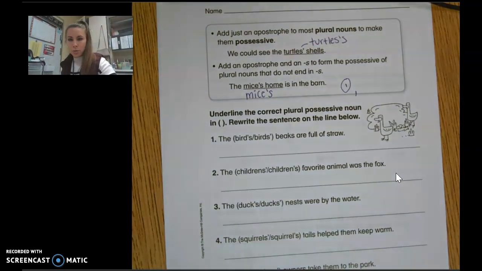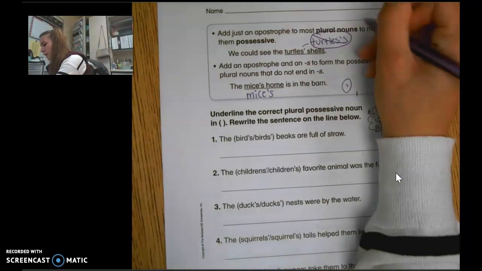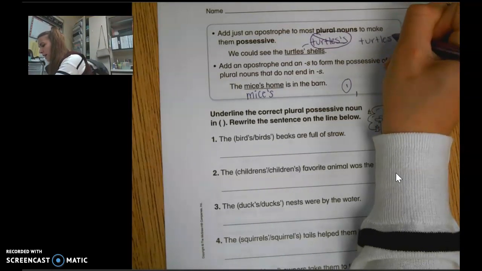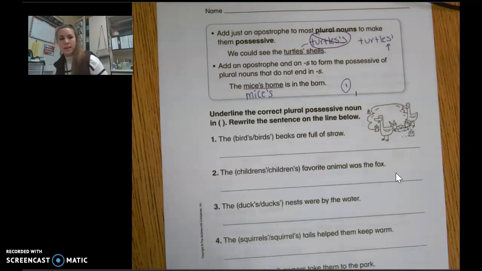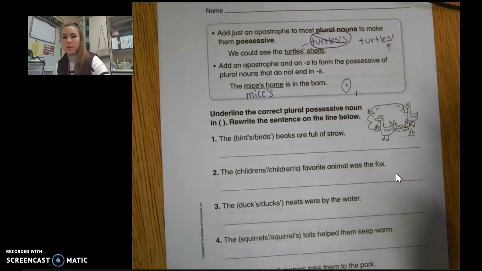It's the turtles' home. So to show my possessive, I just put the apostrophe at the end because there was already an S. So to show that the shells belong to the turtles, I put my apostrophe on the end.